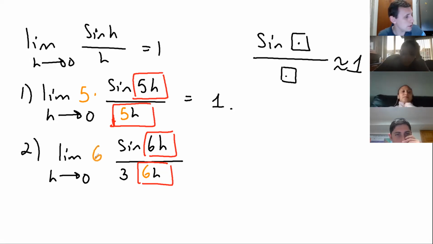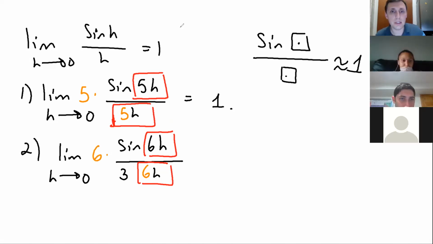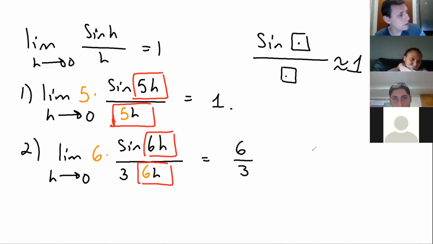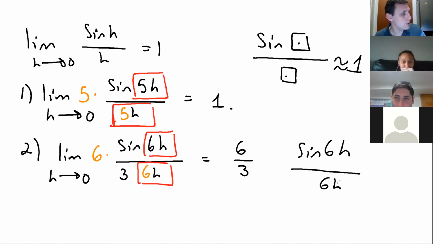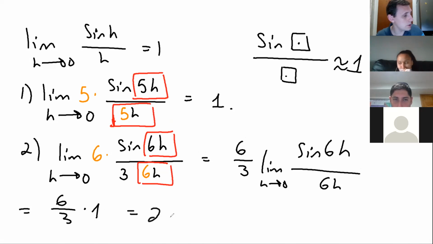So here it's the cancellation of the 6, yes? So what I am left with is 6/3 sine 6h divided by 6h. And that limit is simply 6/3 times 1, which is, as you said, 2.